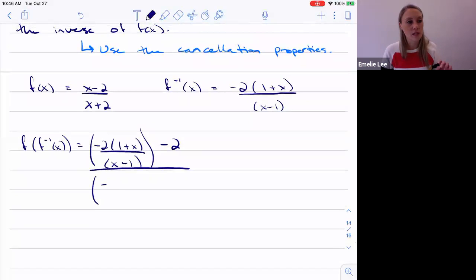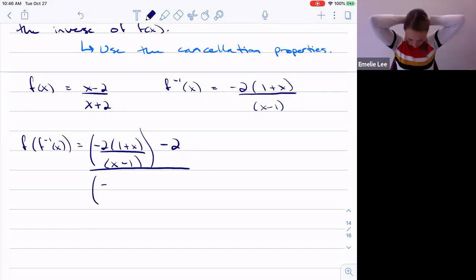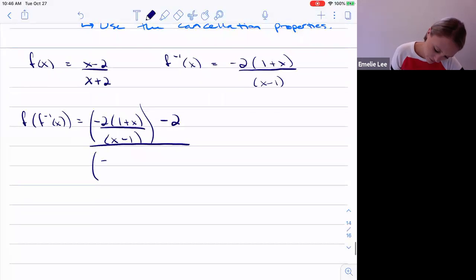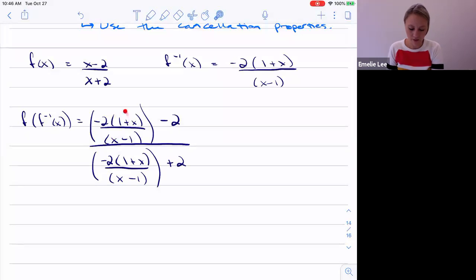I guess I skipped a step. I didn't write out the f inverse, but maybe that's okay. We've done enough maybe to see what's going on here. F inverse has already taken the place of x's.